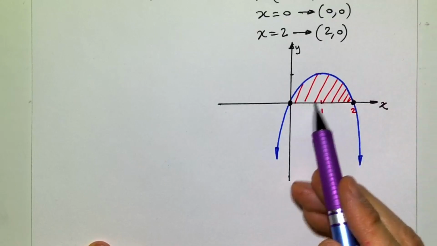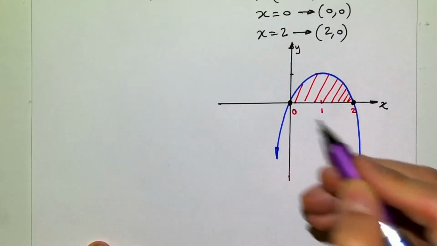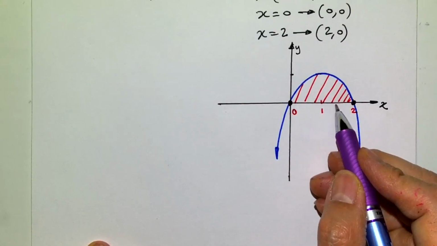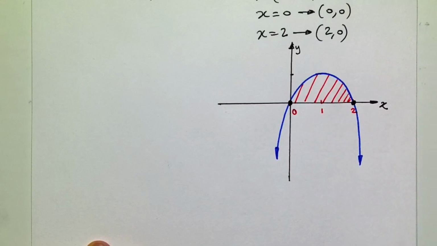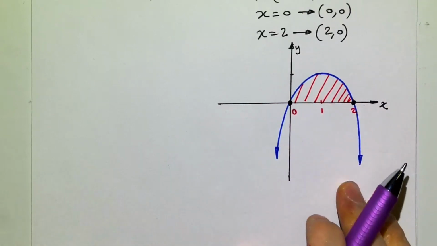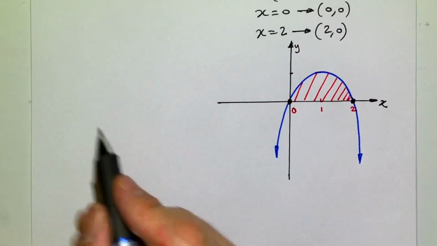That's the area under the curve, but above the x-axis. It goes from 0 to 2. So that's where we want to integrate over dx, right? That's dx along the x-axis. Okay, so let's set that up.